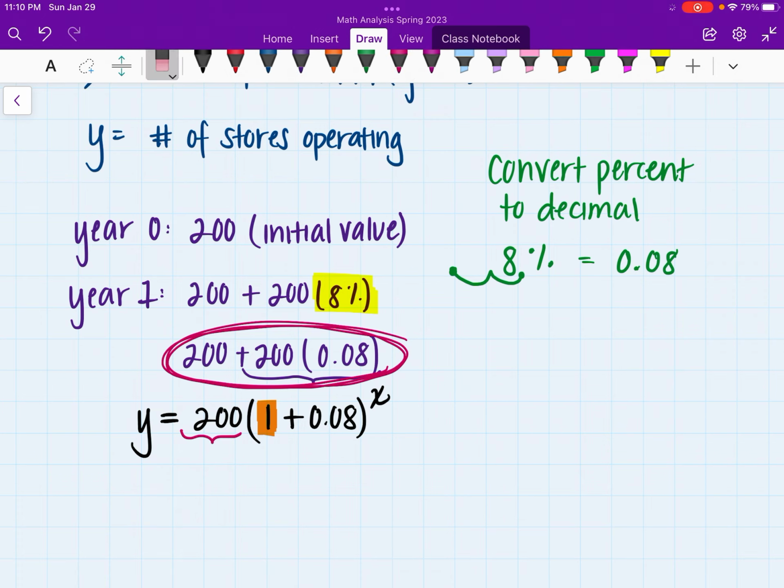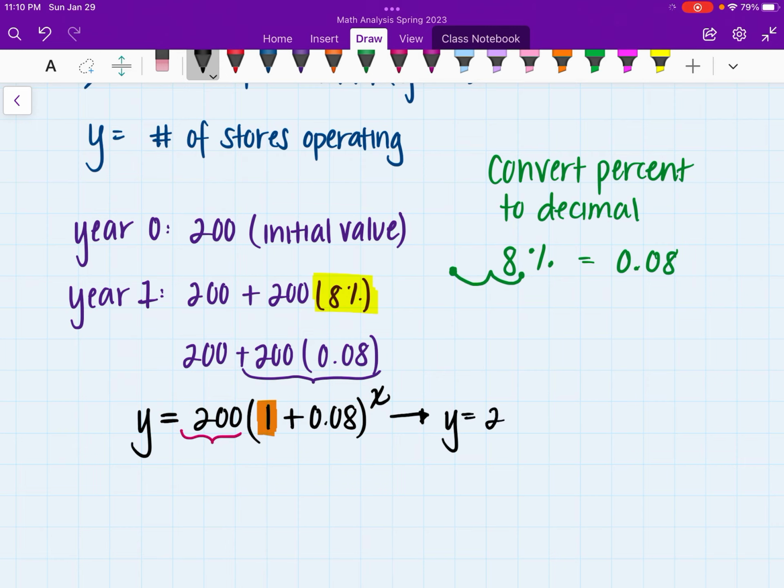So you have to consider that first whole, which is the 1, and then either add it with the rate of increase, or it could also be subtraction if there's a decay. So let me rewrite that. We have y equals 200 times 1.08, I could actually add those, to the power of x.